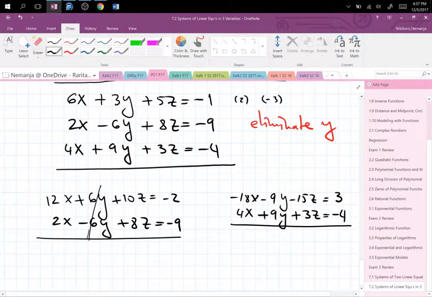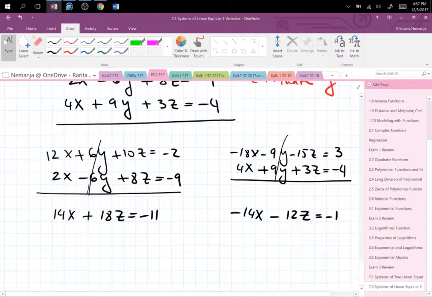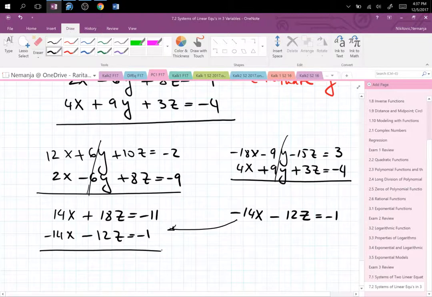These cancel. 14x plus 18z is negative 11. These cancel. And negative 14x, ooh, nice, minus 12z is equal to negative 1. So now when I add them, 6z is equal to negative 12, z is equal to negative 2.